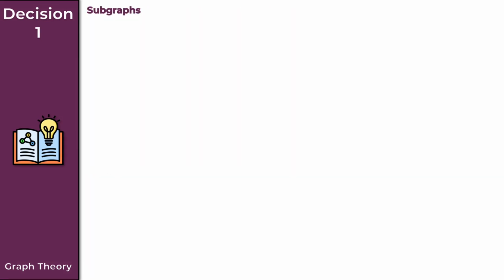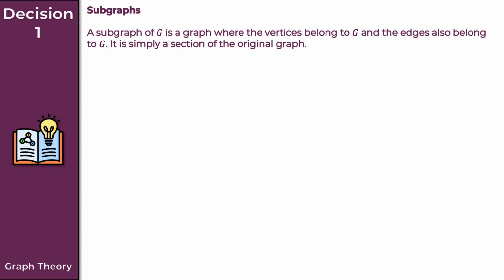Now, the next thing we need to learn about is subgraphs. A subgraph of G is a graph where the vertices belong to G and the edges also belong to G. Simply put, it's a section of the original graph.